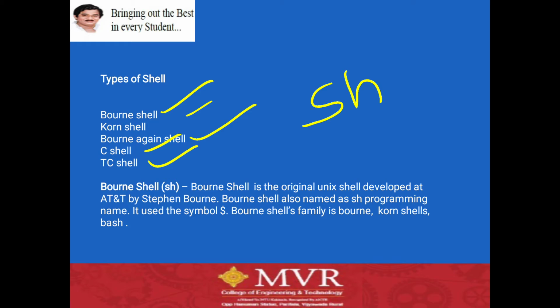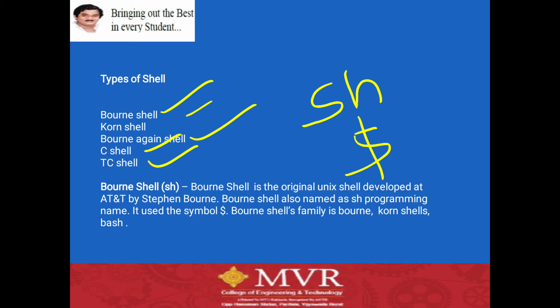So whenever you find SH, that is nothing but the Bourne shell. And in the previous classes, whenever I used any command, I entered it at the command prompt with the dollar symbol. So this dollar symbol represents a Bourne shell. Observe, whenever you find a dollar symbol, that means you are working in the Bourne shell.